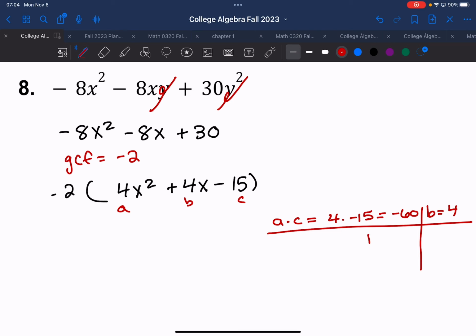Correct. 10 times negative 6 gives us negative 60. And when we add 10 and negative 6, we get a positive 4. So good. We're going to use those two numbers. So I have 4x squared plus 10x minus 6x minus 15. I expanded my B value. What's my next step?